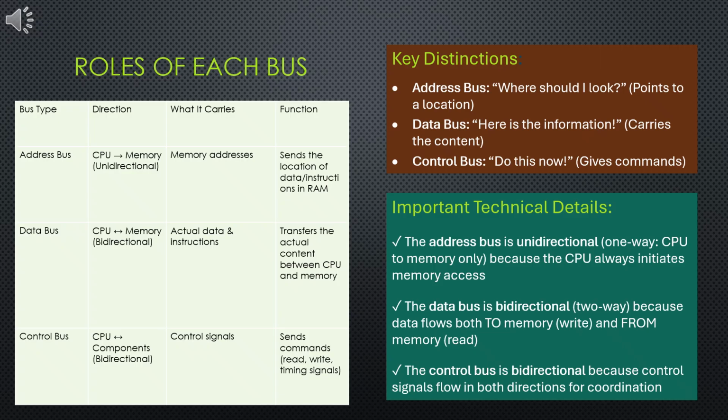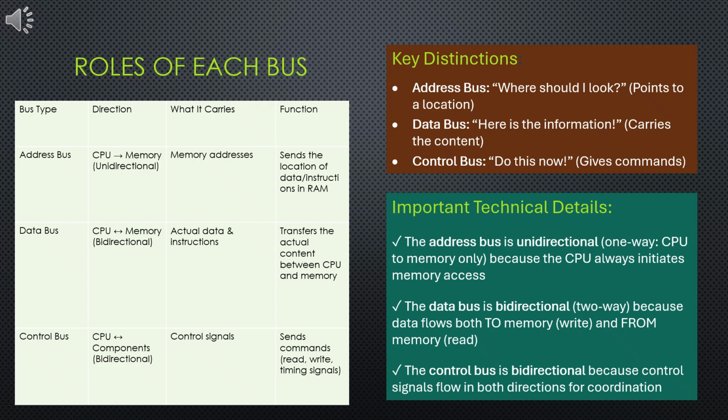Conversely, the data bus and the control bus are both bidirectional, or two-way. Data needs to flow to memory when writing and from memory when reading.